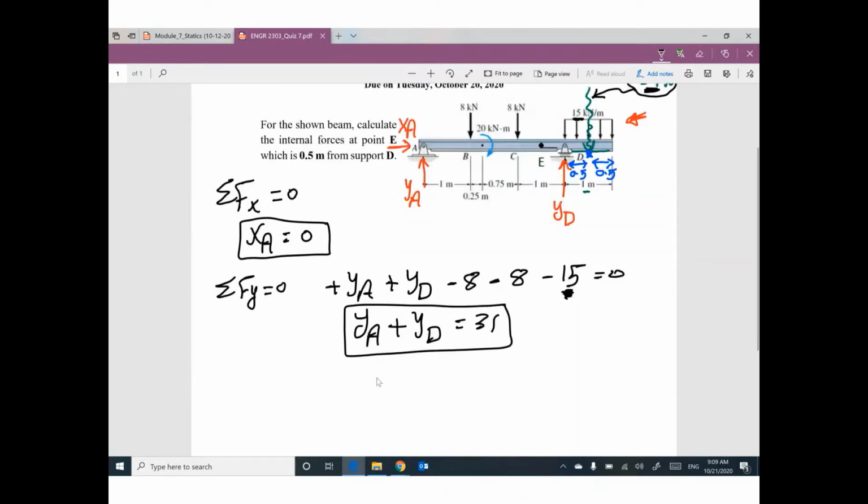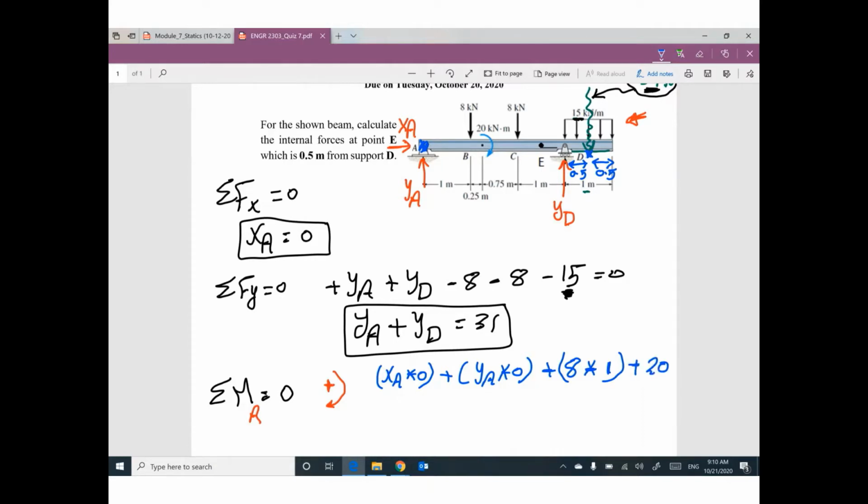Third equilibrium equation, summation of moments at any point equals 0. I recommend taking moment at A, and I'm going to assume this direction is positive. Let's start. Taking moment at A, XA times 0, YA times 0. We don't have distance. What is the next? 8 times 1, plus 20.